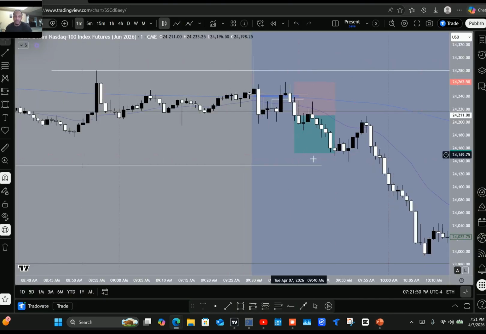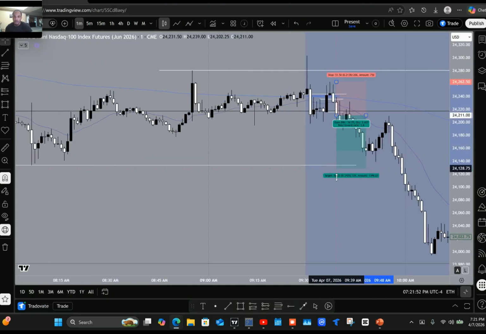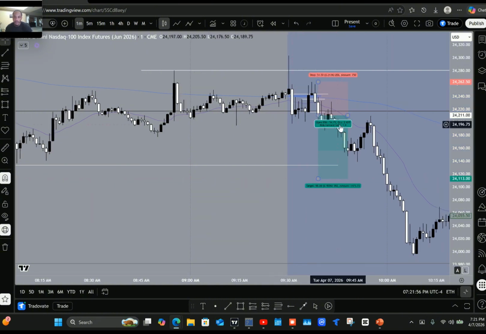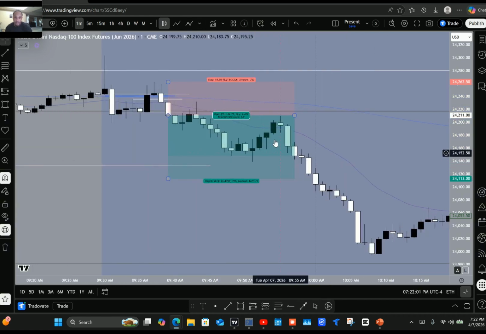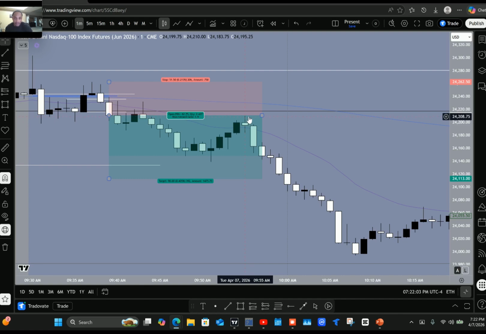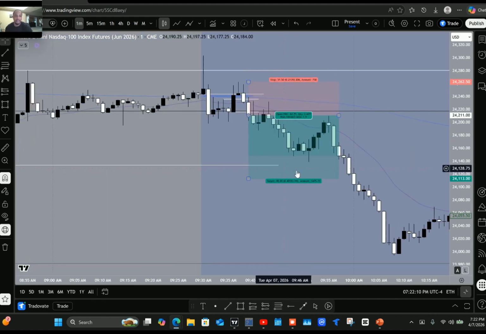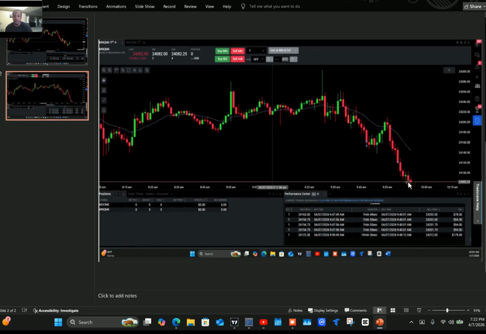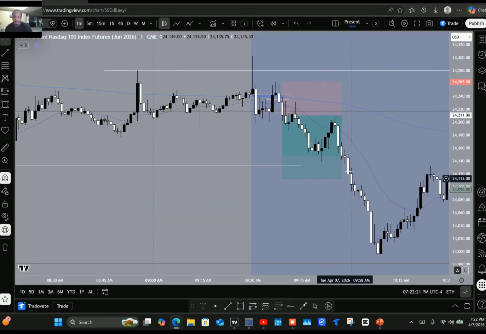And then we allowed the rest to run to that 1.9 R. So once we got to the 1-to-1, I moved my stop loss down to break even, and I got so close to getting tapped out. We didn't tap me out, thank God. And the rest of the position ran down to that 2 R's, which you can see I got out here, right below those equal lows, that 15-minute swing low, right?